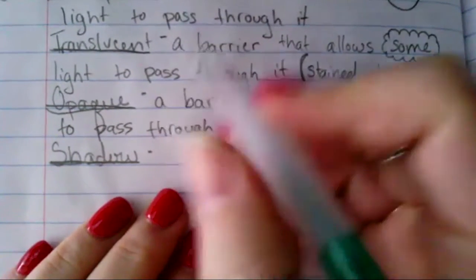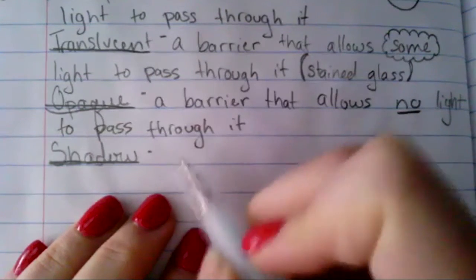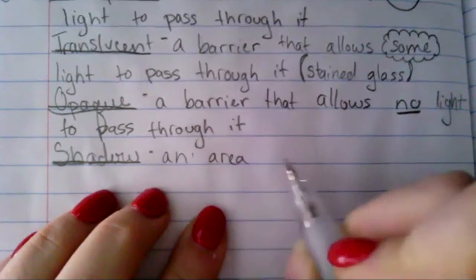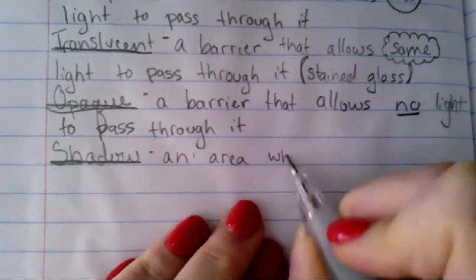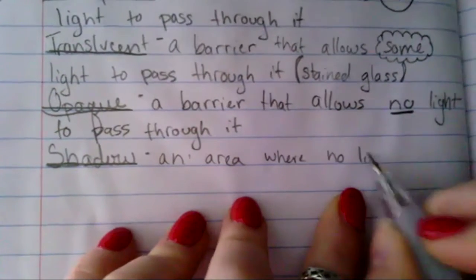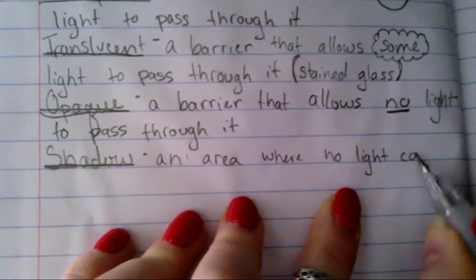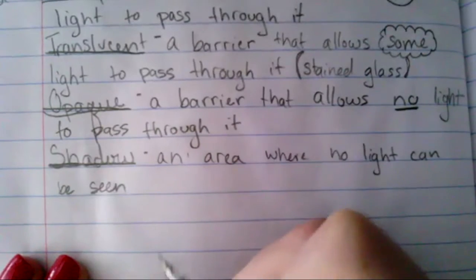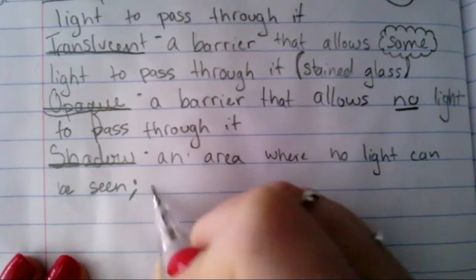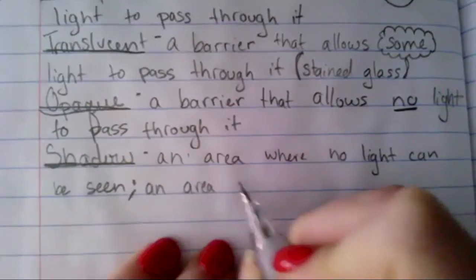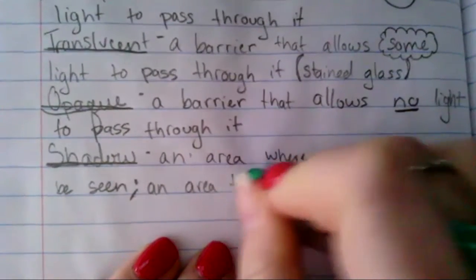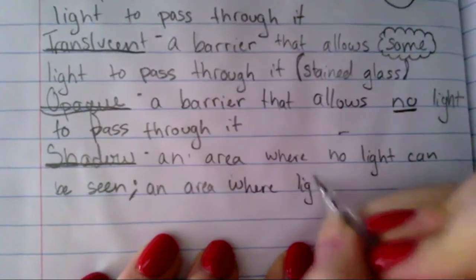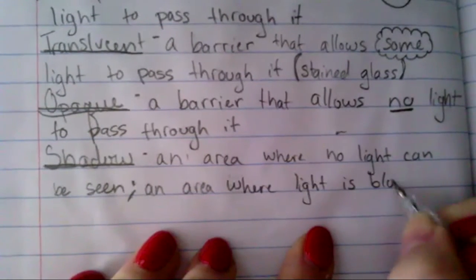It's a region, an area. Let's say an area where no light can be seen, or an area where light is blocked.